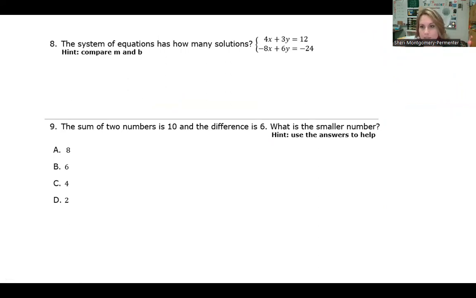So we're going to figure out our x's and our y's. So the top one, we're going to get them and they're going to both be positive because the whole top is positive. So they're always going to be the same values. We get 12 divided by 4, so that's 3. 12 divided by 3, and that's 4.